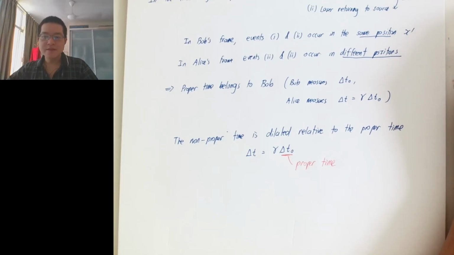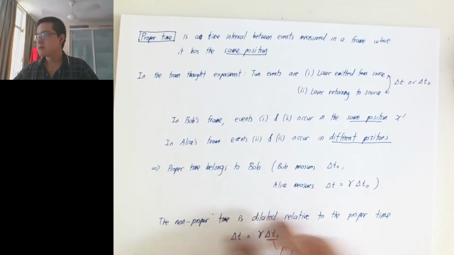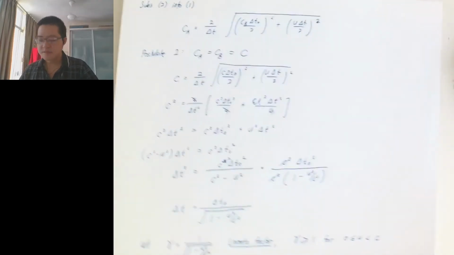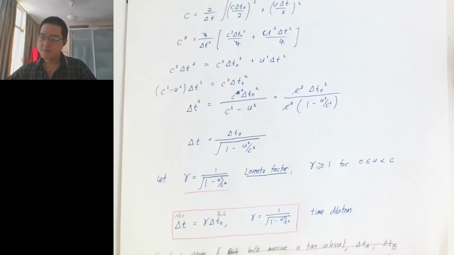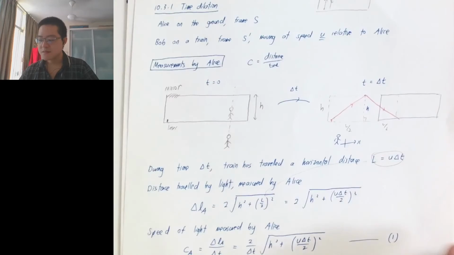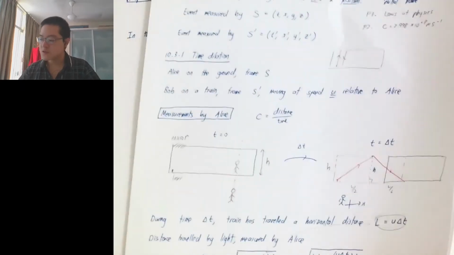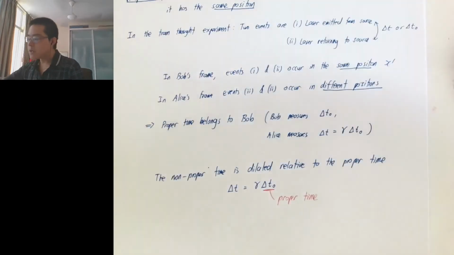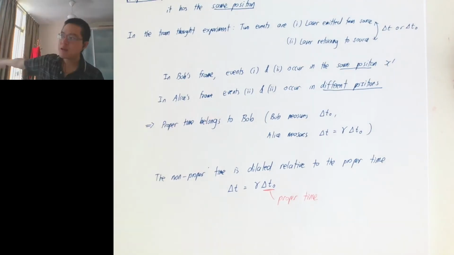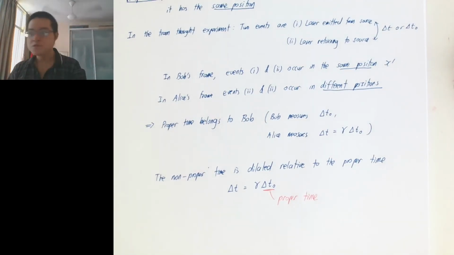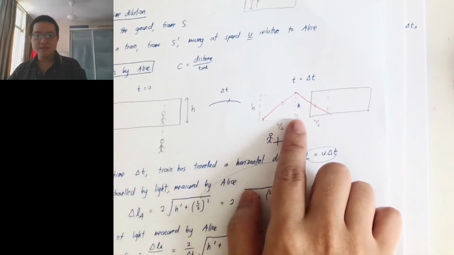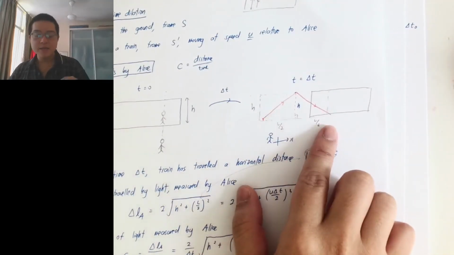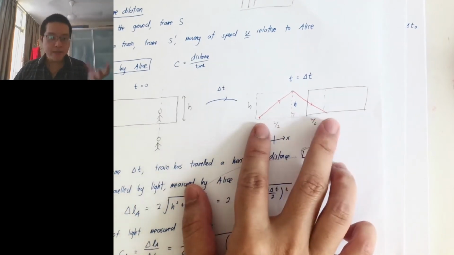The reason is this whole calculation, because the speed of light is the same. After all this calculation, we conclude that the frame of other people will run slower compared to you, because the laser leaving and coming back is happening at different positions.